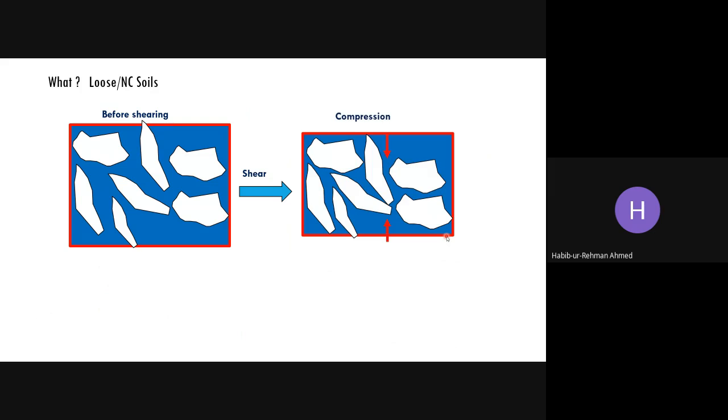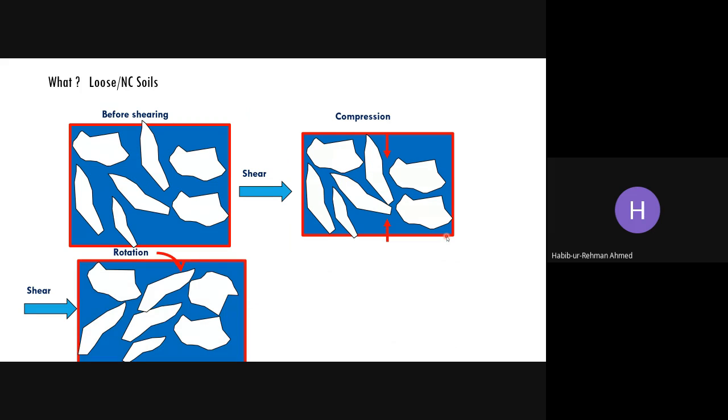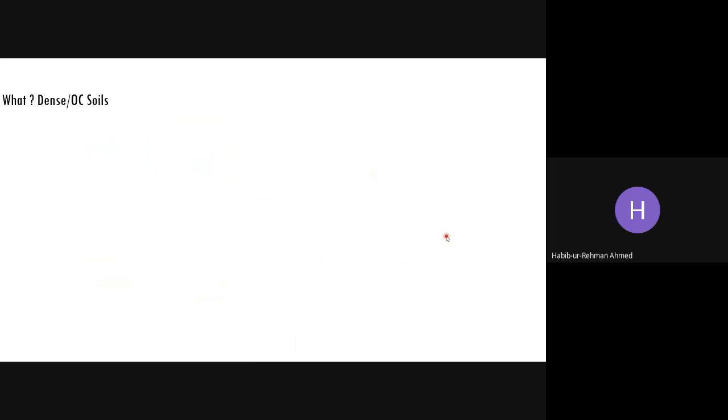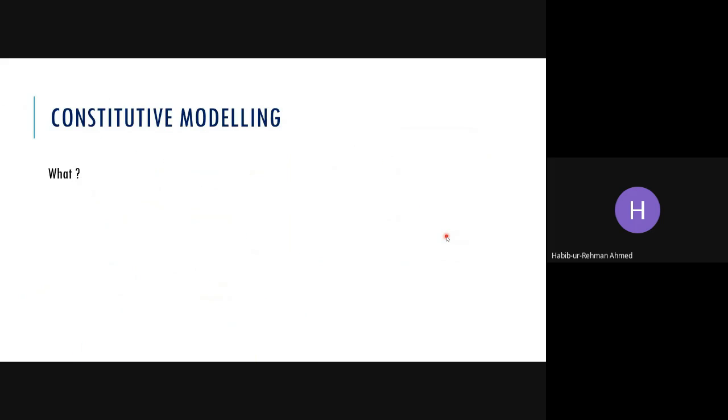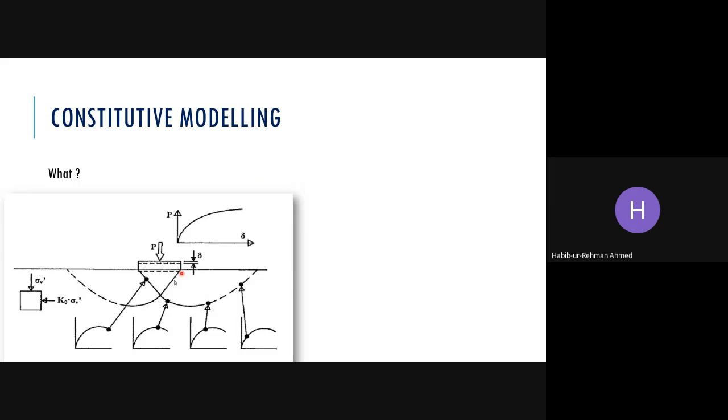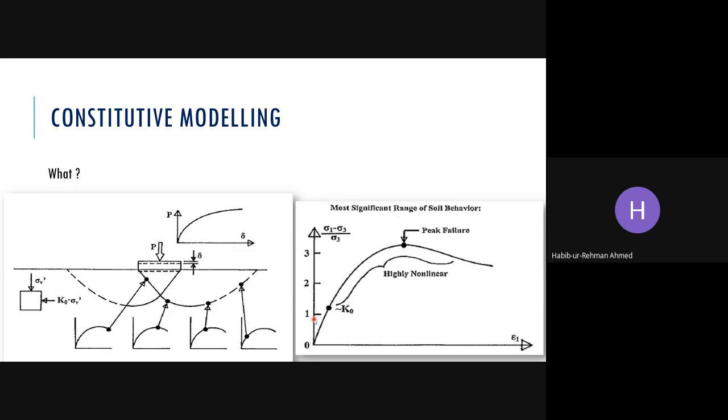Just for the sake of understanding, even some of the closed form solutions which we use very confidently, like this famous Terzaghi failure criterion, if you consider the real behavior of the soil, not elastic and perfectly plastic, up to here we have a K0 value, and then we have a highly non-linear behavior.